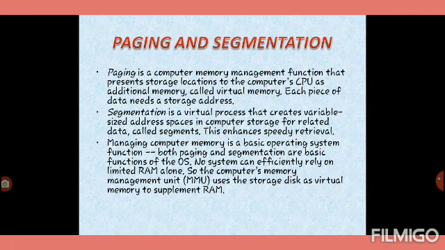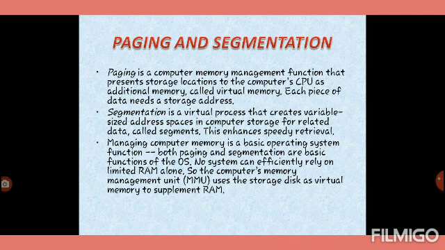Next we come to segmentation. Here we also have jobs on disks, but we don't divide the jobs into equal parts like paging. In segmentation, we divide the jobs as per the processes. One job will have many processes, and each process will be divided as a segment.